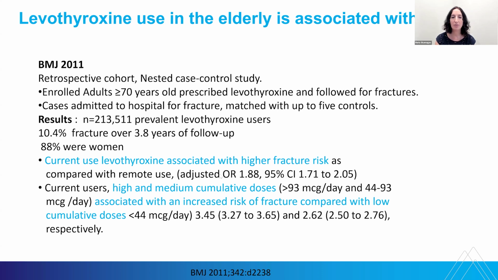Postmenopausal women are more likely to have fractures than men who are elderly. And so current use of levothyroxine actually was associated with higher fracture risk as compared with remote use. And the higher and medium doses were associated with an increased risk of fracture compared with lower doses.